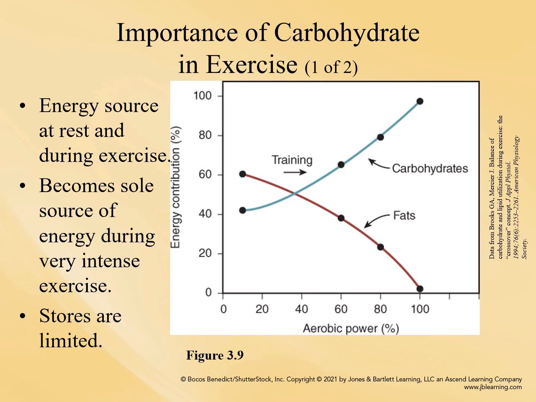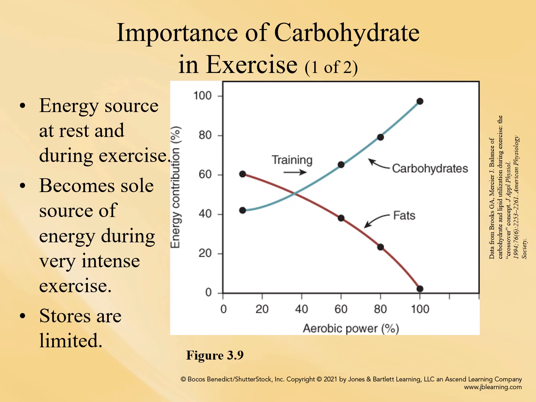As we look at our graph here, with red being the contribution of fat and the carbohydrates shown in the blue line, we'll see that as the exercise intensity, which would be the bottom line, gets higher to maximum, the amount of fat contribution steadily decreases to near zero when you are at 100% power or maximum oxygen consumption.